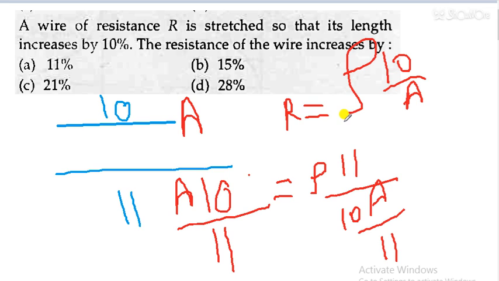Let me see, what is the length? Area is rho into 10 by A. Okay, rho into length, which is increased, 11 by 10 by 11.